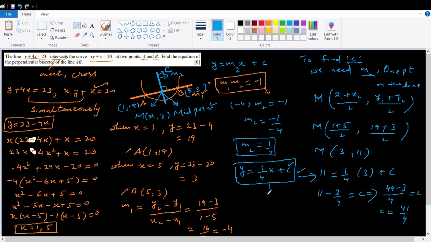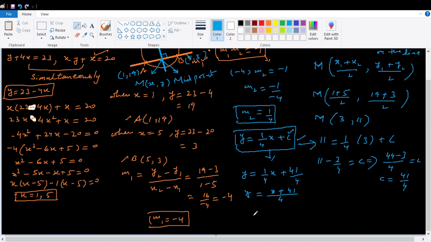When you substitute the value of c, it will become 1 over 4 x plus 41 over 4. When you take LCM, it will become 4y equals x plus 41. So this is the answer to the question.